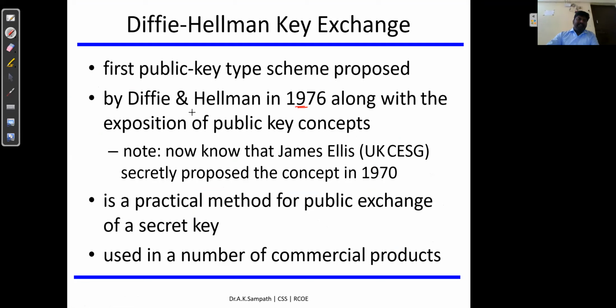The purpose of the Diffie-Hellman key exchange algorithm is to avoid the difficulty of sharing keys between the sender and receiver. That was the major issue when we talk about secret key cryptography, and it can be avoided with the help of the Diffie-Hellman key exchange algorithm.